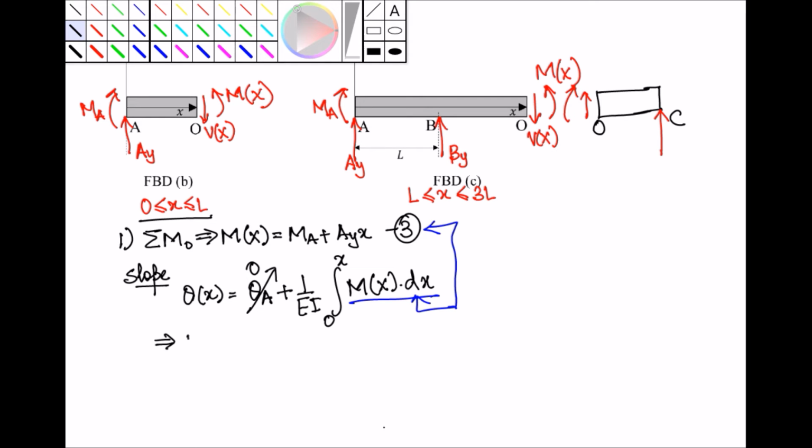If we plug in equation 3 and integrate the expression, we end up with theta of x equal to 1 over EI times Ma multiplied by x plus half Ay x squared. Let's call that equation 4.